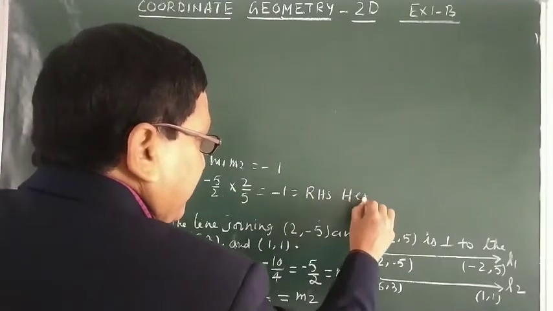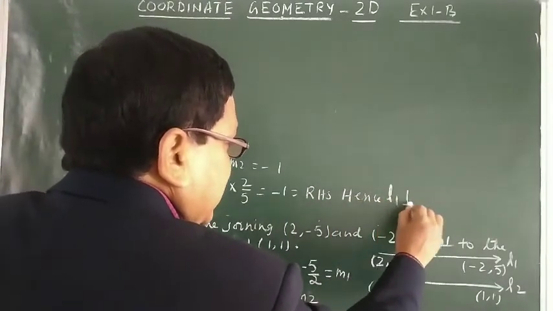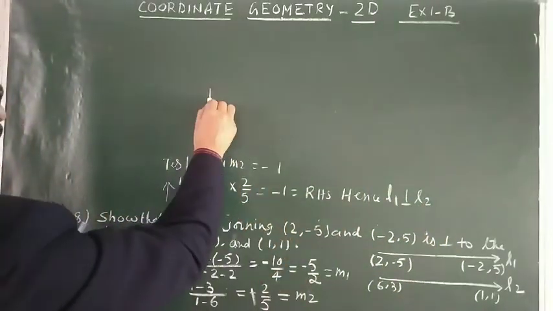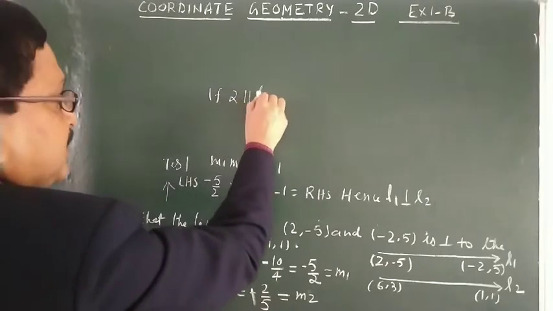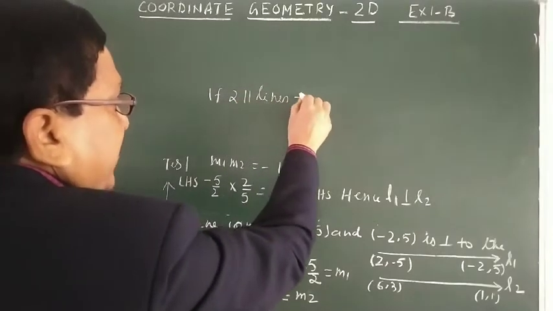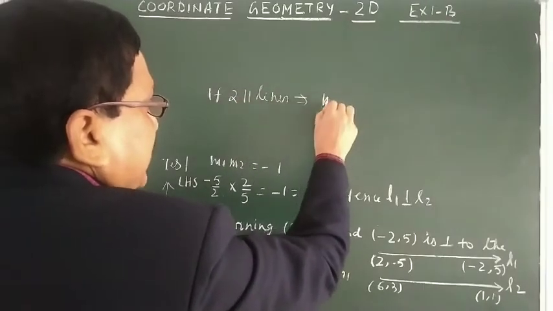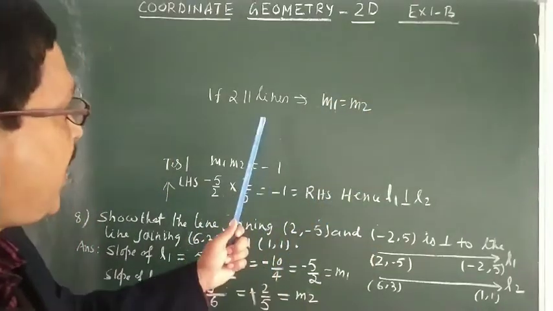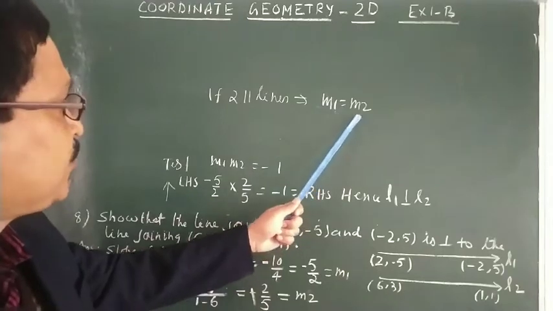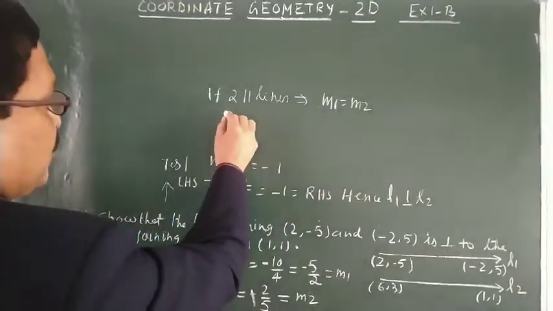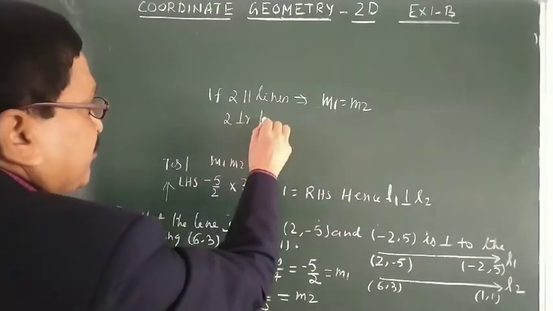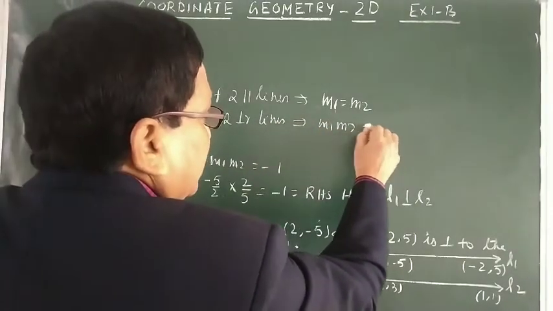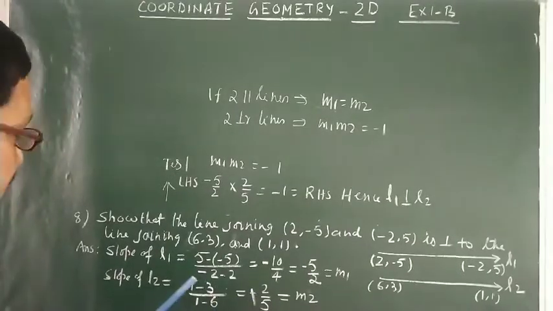Hence L1 is perpendicular to L2. I have told you earlier that if two lines are parallel, this implies m1 is equal to m2. If the slopes of two lines are m1 equal to m2, then the lines are parallel, and for perpendicular lines, m1 into m2 is equal to minus 1.